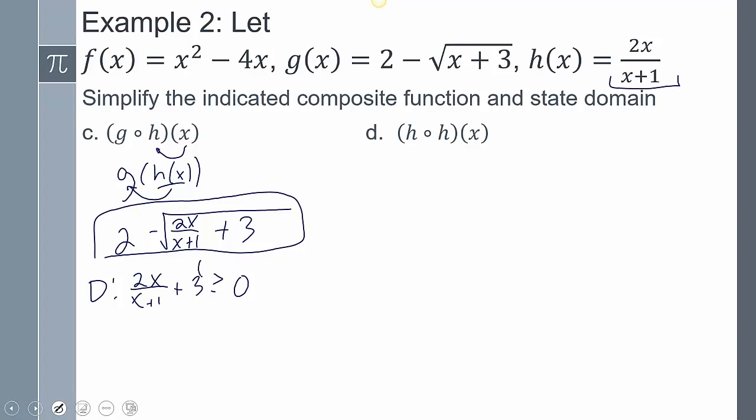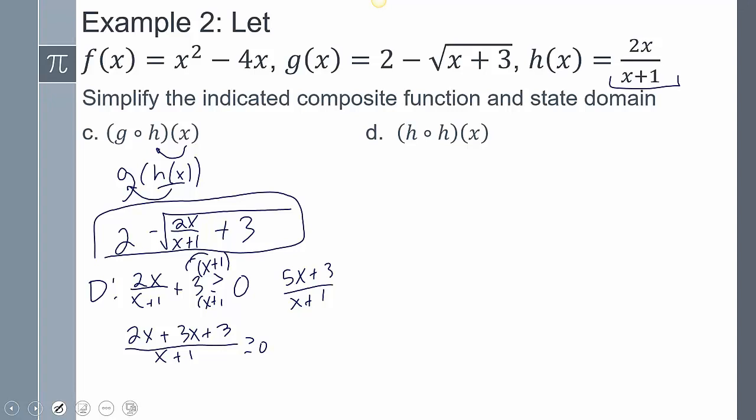So to do that, this needs an x plus 1 over x plus 1. Now that they have the same denominator, I get 2x plus, distributing that 3, 3x plus 3. That's all over x plus 1, and this is greater than or equal to 0. So that gives me 5x plus 3 all over x plus 1.